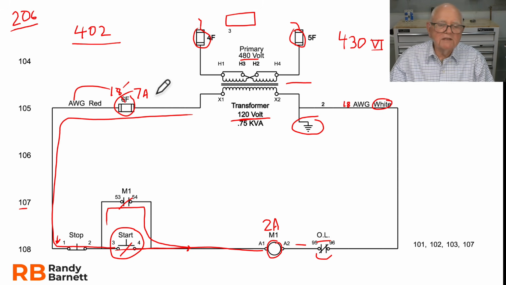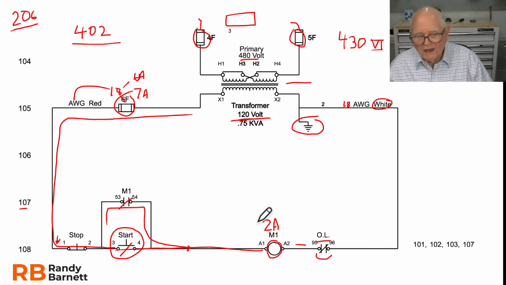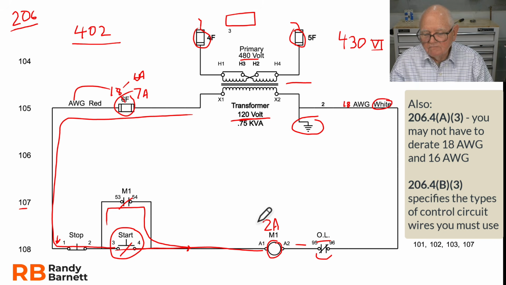But according to the table in 402, number 18 wire had an ampacity of 6 amps. So because of the inrush current drawn by that coil when I energize it, I'm allowed to use that 7 amp fuse on that number 18 wire. So that's how I size my conductors and my overcurrent protection for this control circuit.